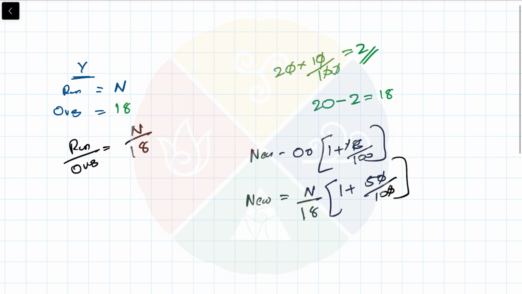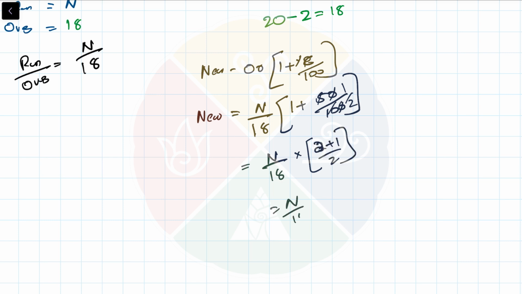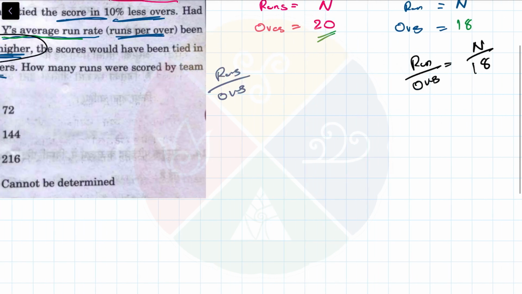So let's find the new run rate. That's going to be n by 18 into 1 plus 1 by 2, that is n by 18 into 3 by 2. If we cancel 3 in the numerator and denominator, this will become 1, and this will become 6. Eventually the new run rate will be n by 12.